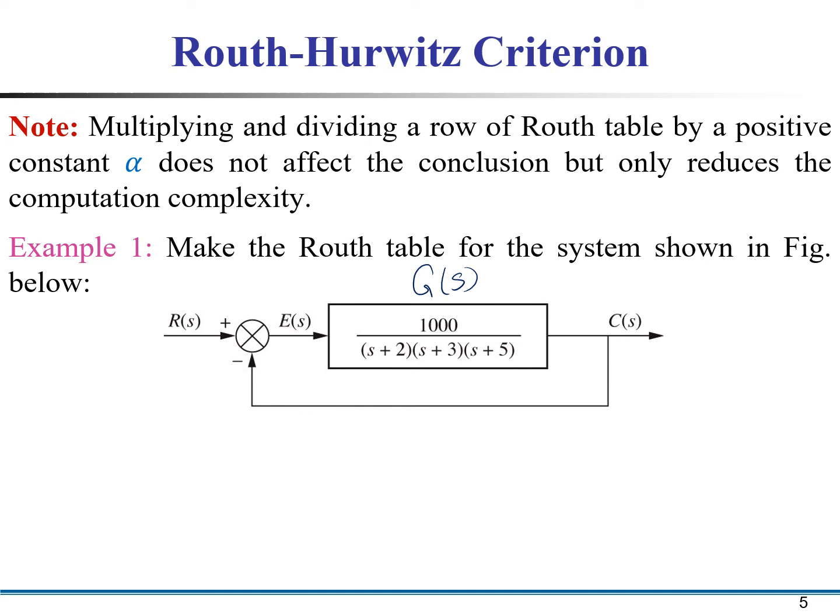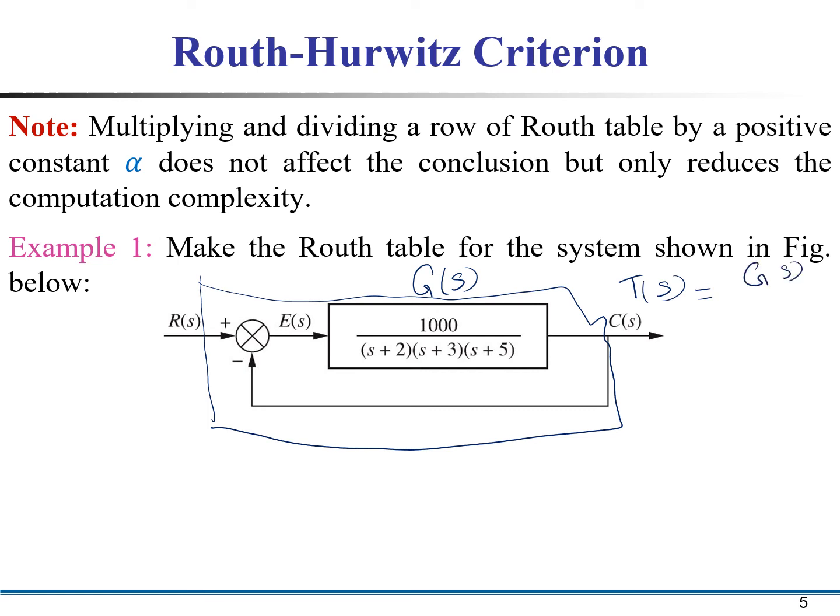Then the closed loop transfer function from here to here, this will be T of s is equal to G of s divided by 1 plus G of s, as you have studied this in chapter 5.